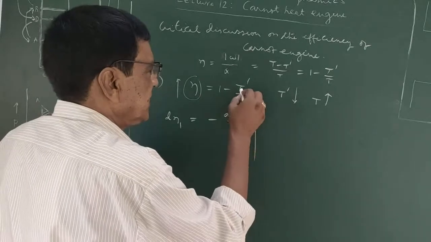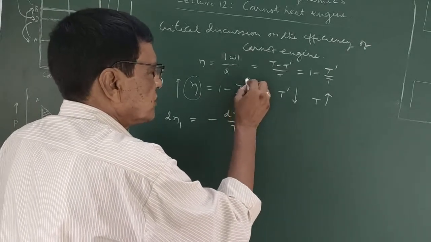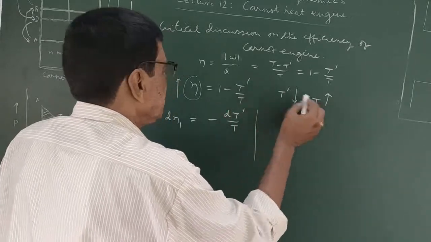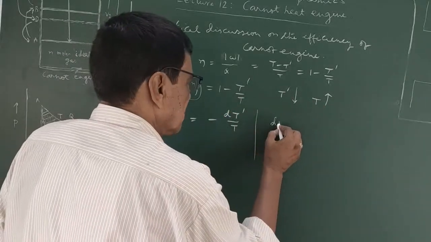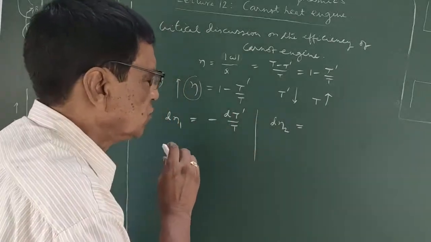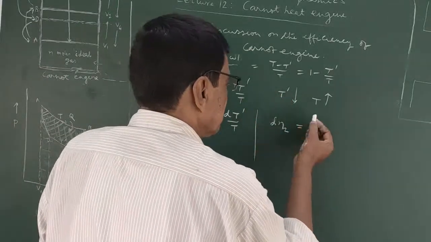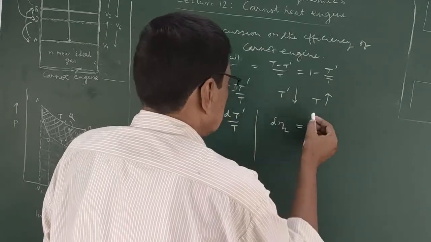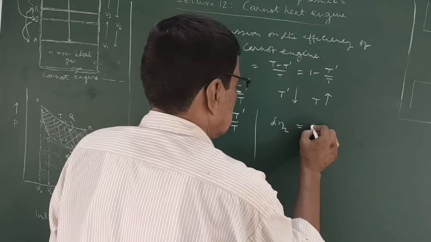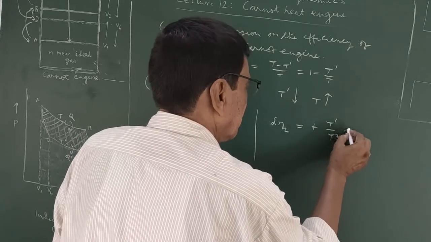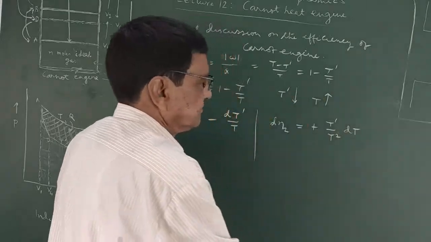Whenever the T dash is kept constant and T is increased, then suppose the change in efficiency is d eta 2, equal to this one, and this one minus means plus T dash divided by T square into dT.